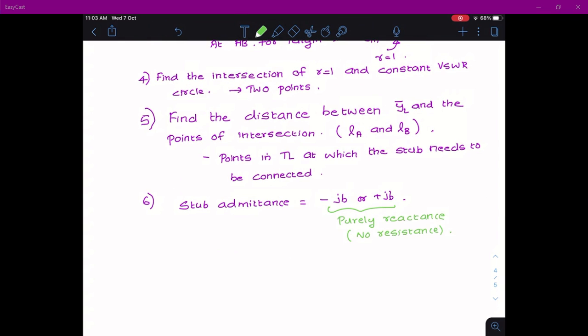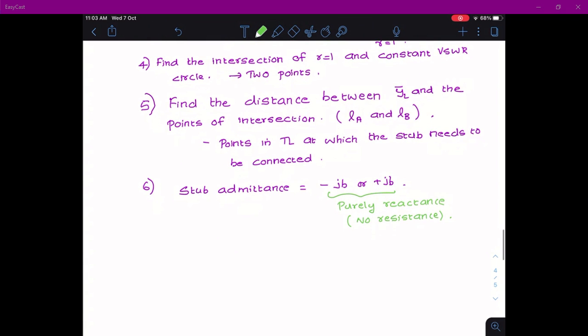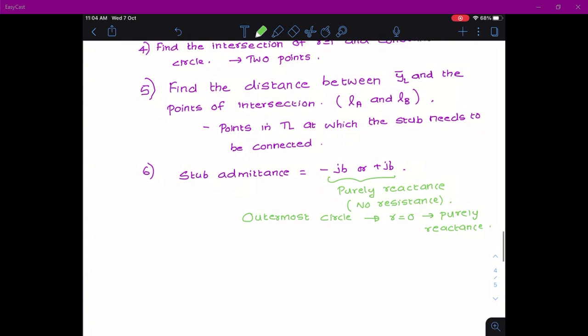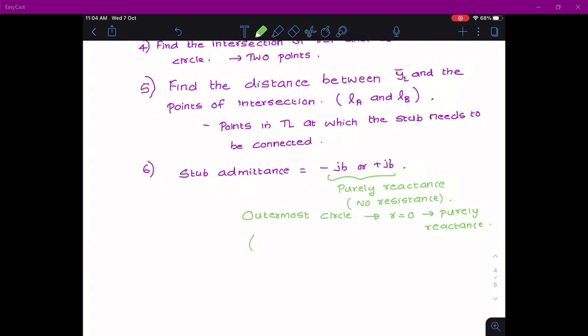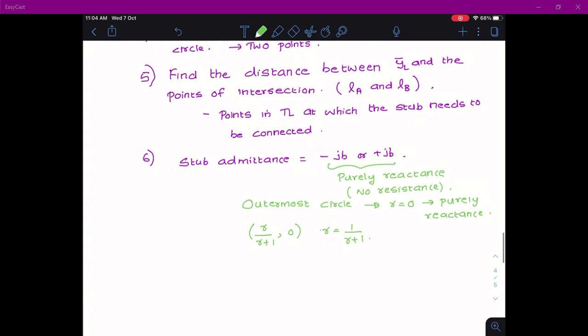In our Smith chart, the outermost circle has r equal to 0, which means purely reactance. If you remember, the outermost circle has its center at r by r plus 1 comma 0 and radius equal to 1 by r plus 1.